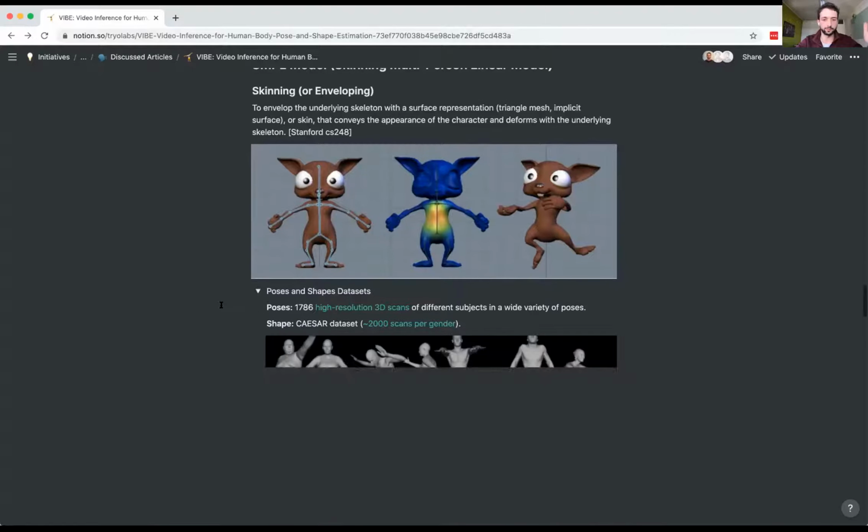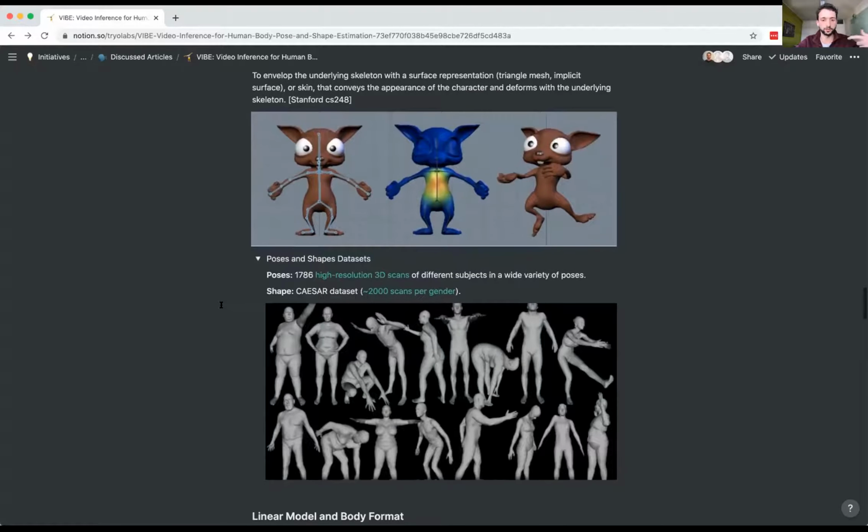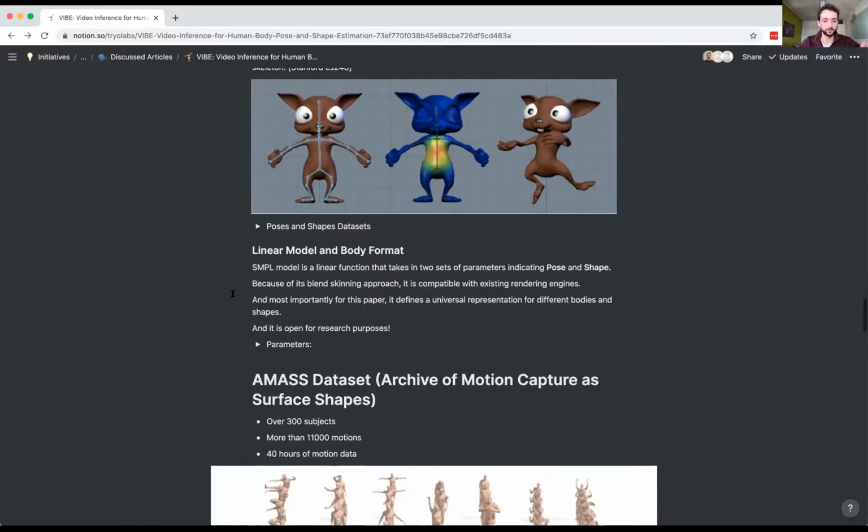And this is from a previous paper. What they were able to do is take high resolution 3D scans of different subjects and the CAESAR dataset, which is basically a database of human measurements. Again, kind of creepy, but they ended up with a body format that can be calculated from a linear model.